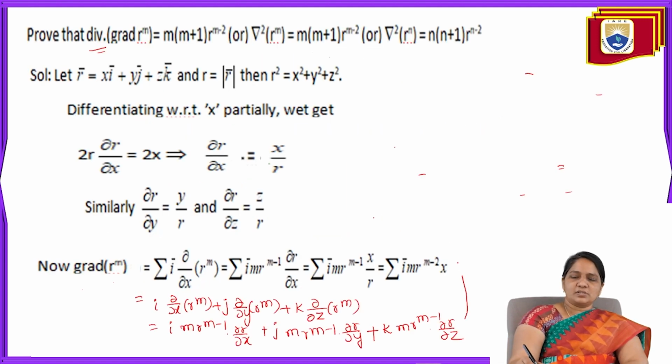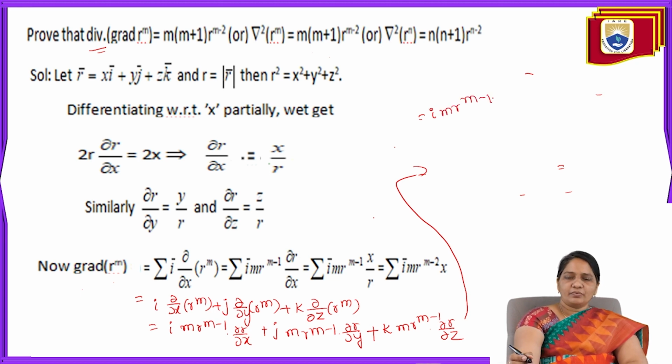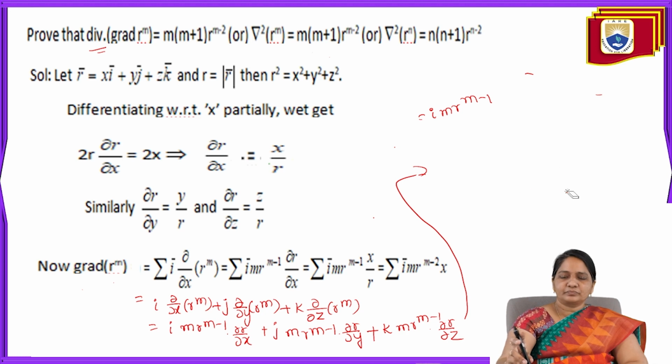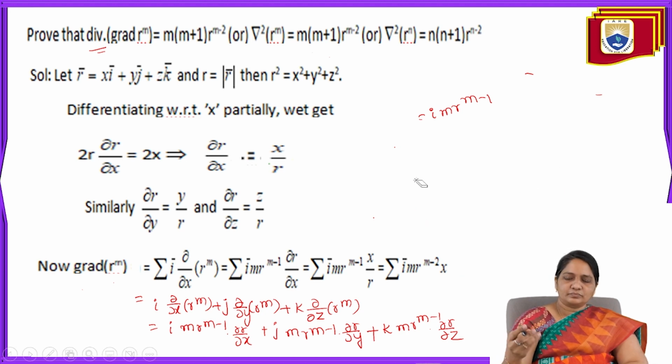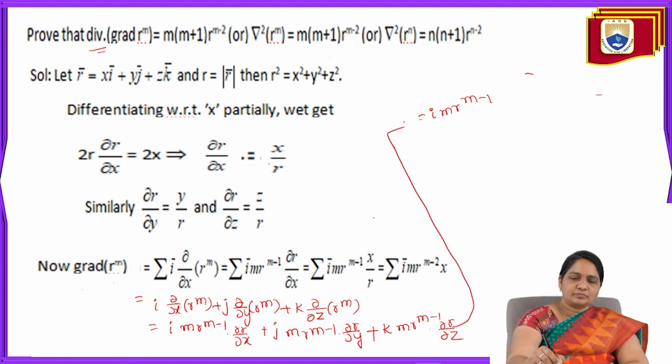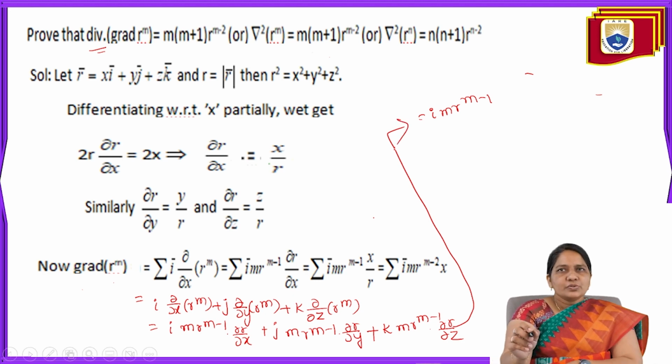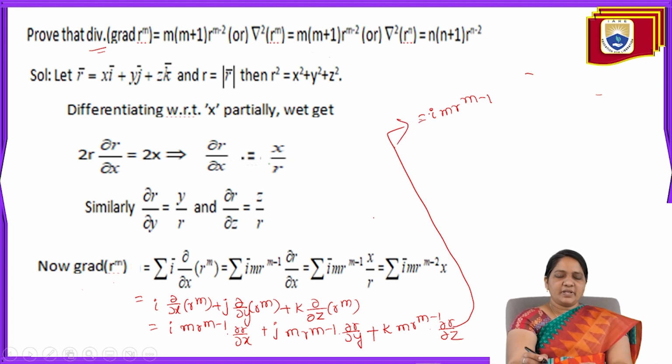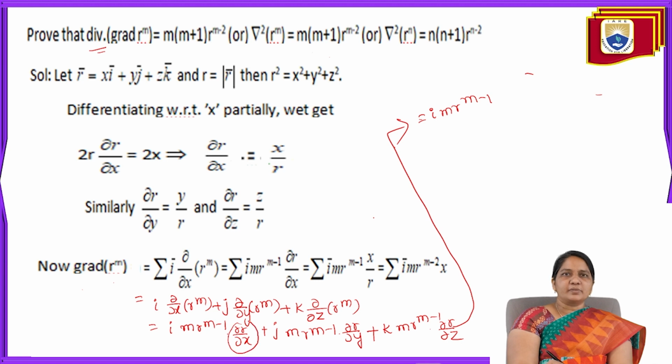So you can see this step here. So i into m r^(m-1). Now in place of ∂r/∂x, I can substitute x/r.